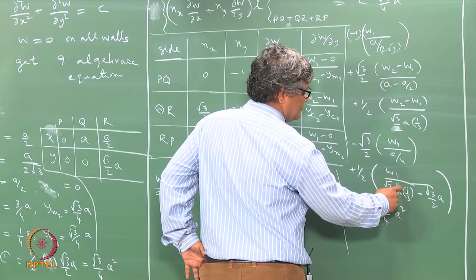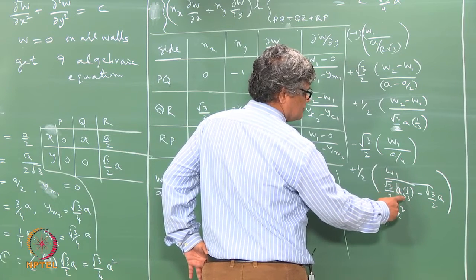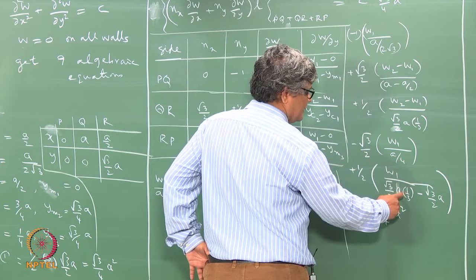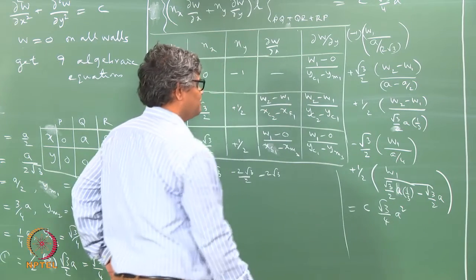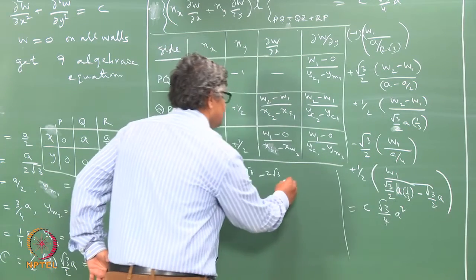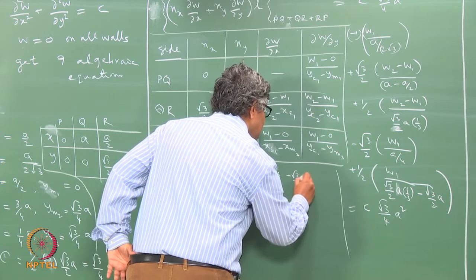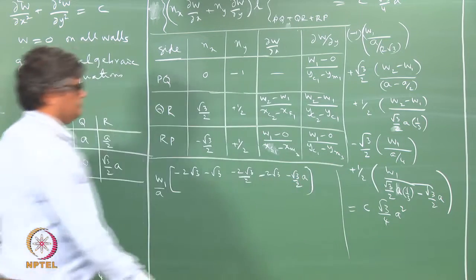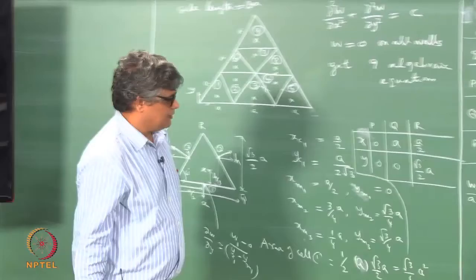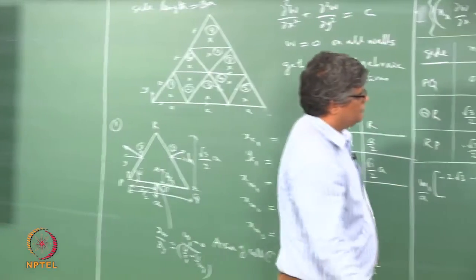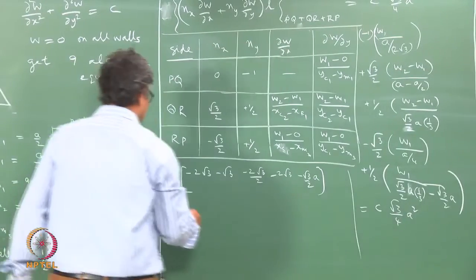Two a by 3, so 2 cancel out, so you get a by square root 3 minus a by square root 3. Okay, so this is all for W1.